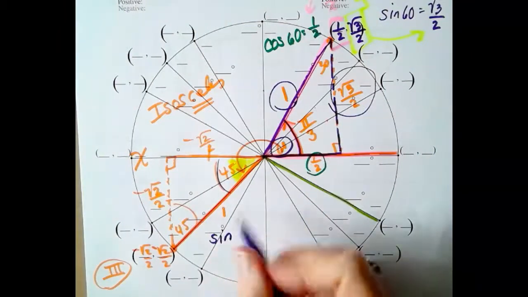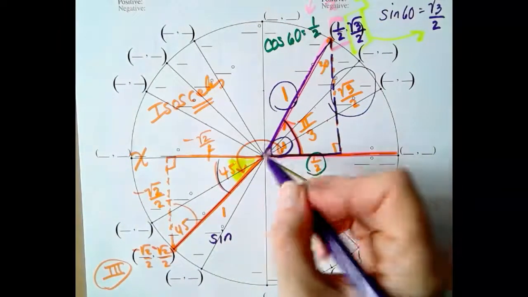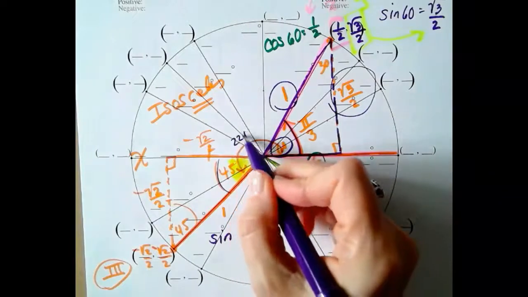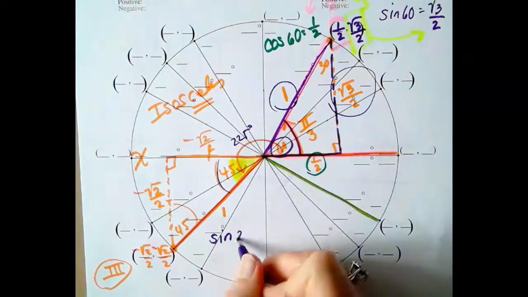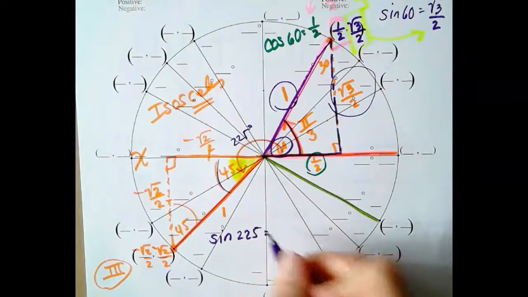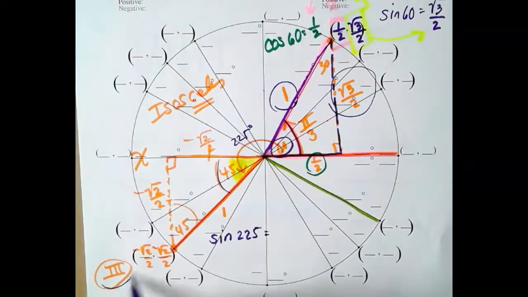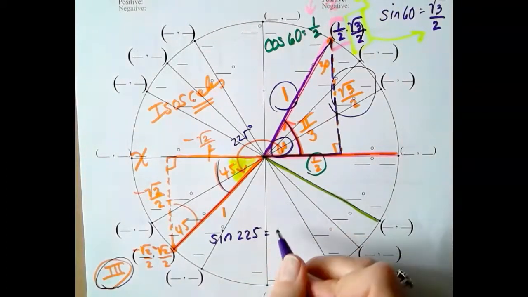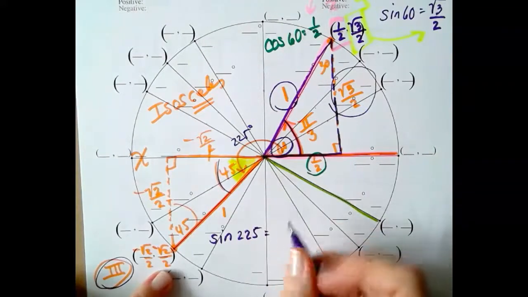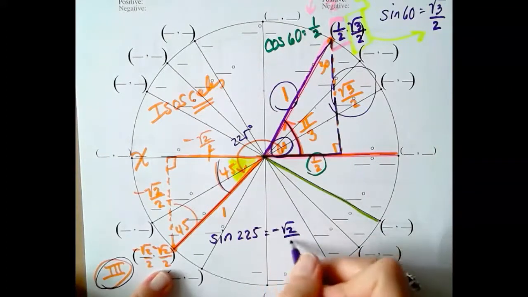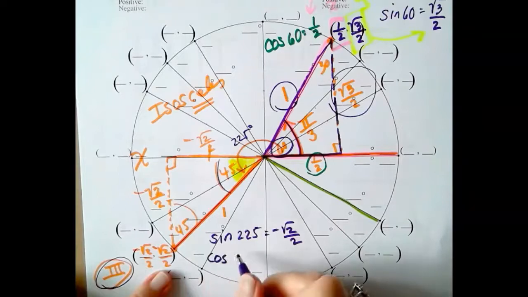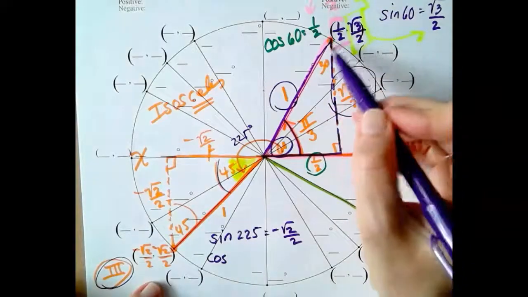So the sine of 225, remember that was a 225-degree rotation, lands us in quadrant 3. So the sine value is the same as the y coordinate. It's negative root 2 over 2. The cosine is the x-coordinate.